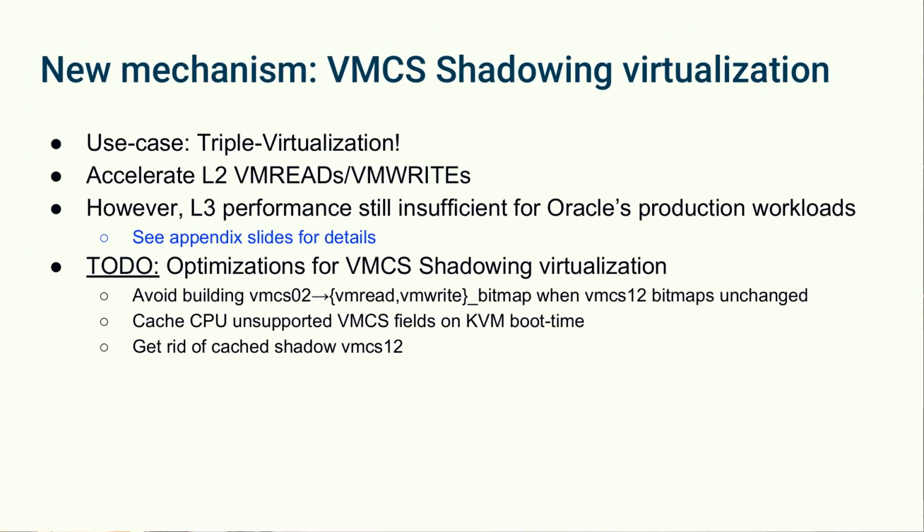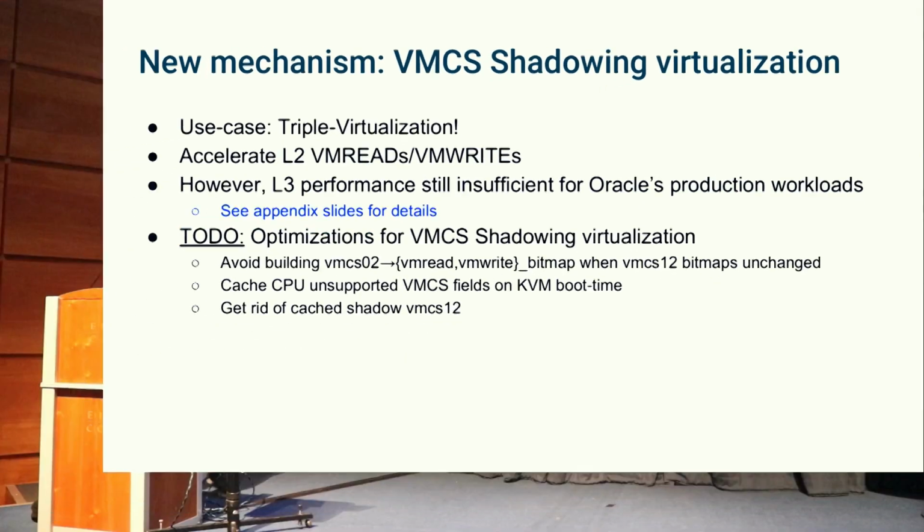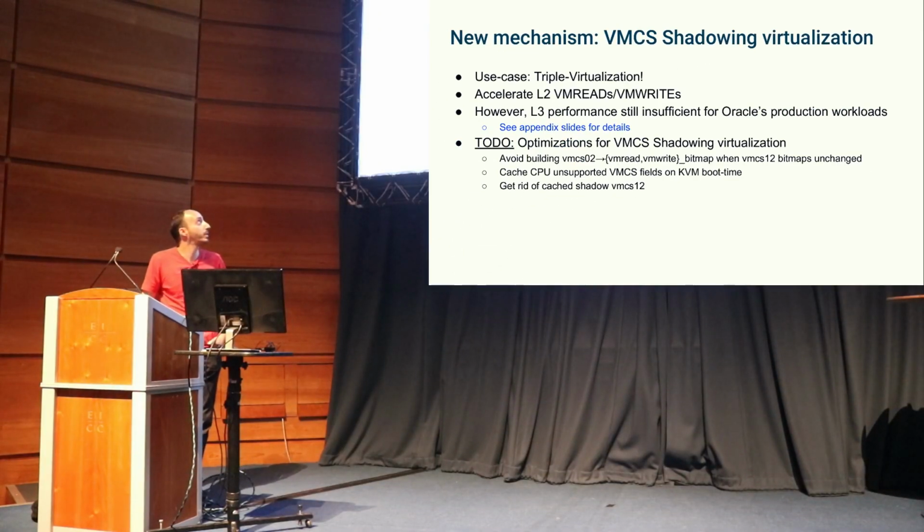And the last new mechanism that I want to talk about is that Jim Mattson from Google implemented a mechanism called VMCS Shadowing Virtualization, which I have then further modified for upstream. And the idea is to support our really special use case of nVMX, which is triple virtualization, where the layer 2 guest is also a hypervisor that runs layer 3 guests.